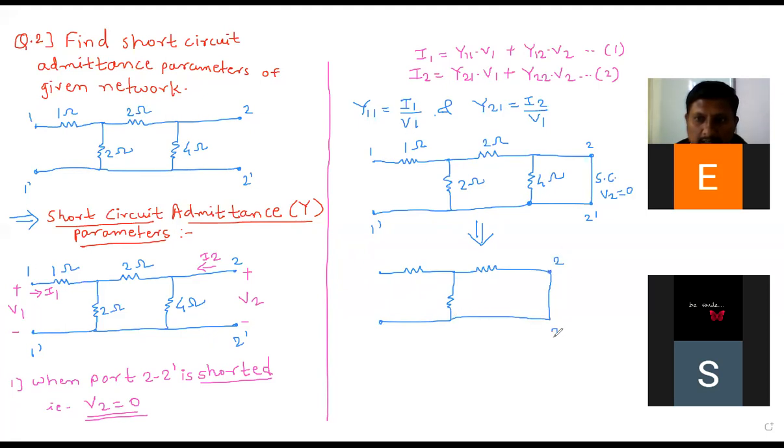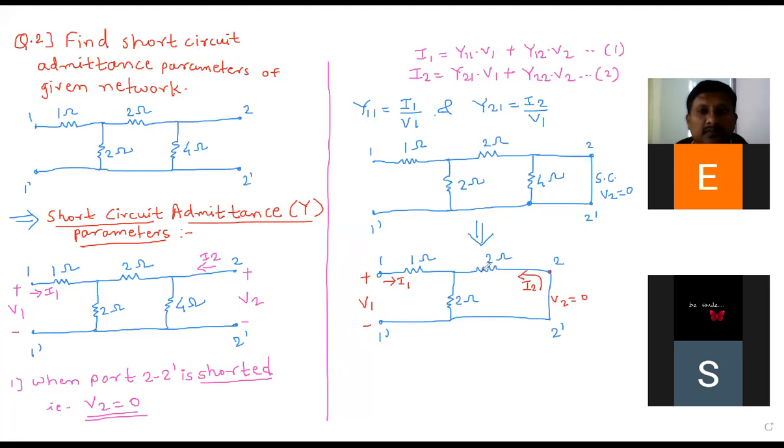This is 2 dash, this is 2 ohm, this is 2 ohm, this is 1 ohm, this is 1 dash. Here, as it is, you can show the variables plus minus V1. This current is I1, this current is I2, and V2 is equal to 0.